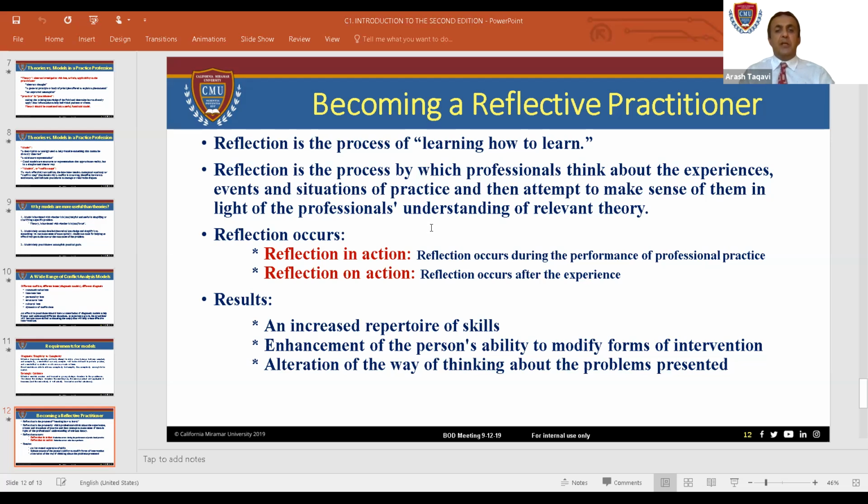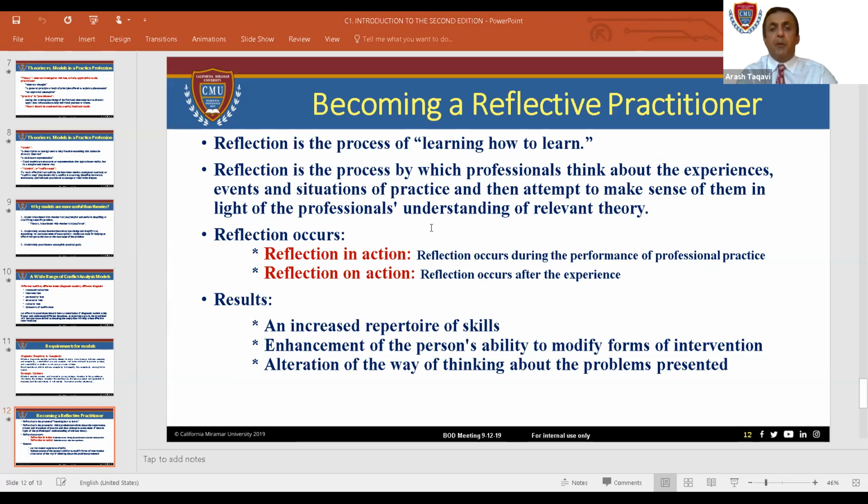Results: an increased repertoire of skills. Your fund of skills, your repertoire of skills, will increase by reflection because you are aware of yourself, of what you are doing, and what the results are. You are a good observer of yourself and your job and your actions.